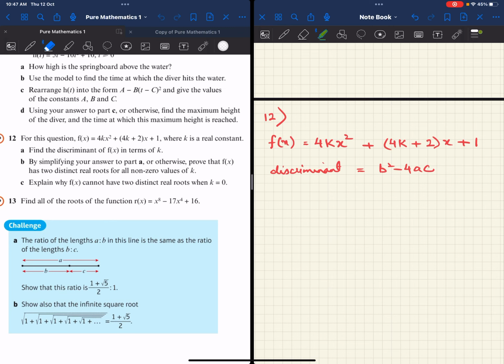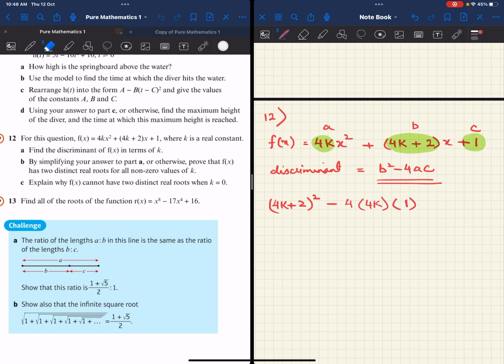So what's my a, b and c? A is the coefficient of x squared, b is the coefficient of x, and c is the constant. So here is my a, b and c. Hence I can find the discriminant b squared minus 4ac: (4k plus 2) squared, this is my b squared, minus 4 into my a into my c.